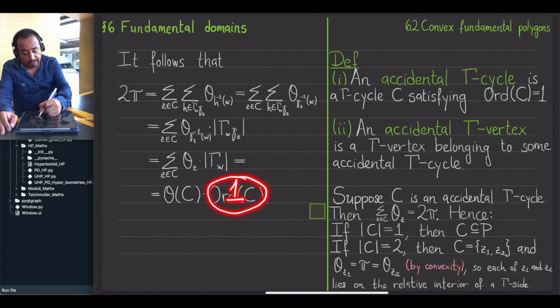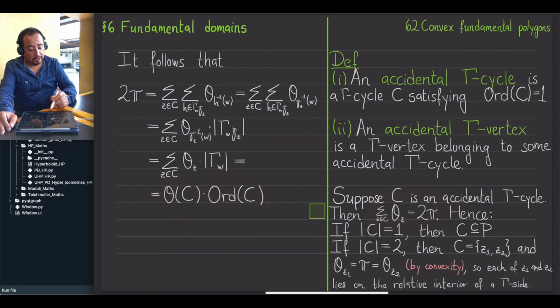And this means that the angle sum is 2 pi. And then we can perform a very basic analysis. If there's only one summand, and if C has only one point, then the angle subtended by P around that point has to be 2 pi. But this can happen only if there's a disk around that point contained in P.